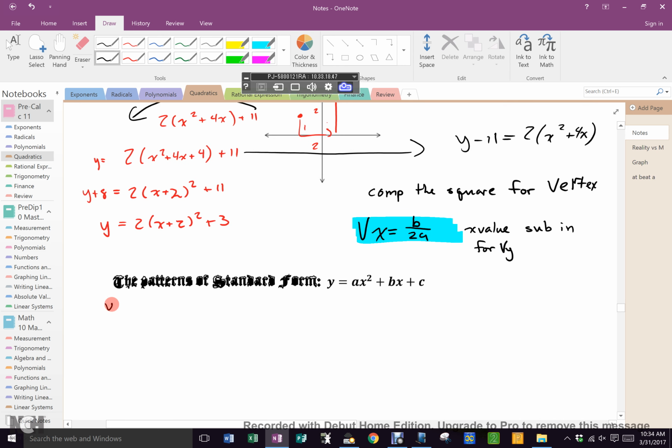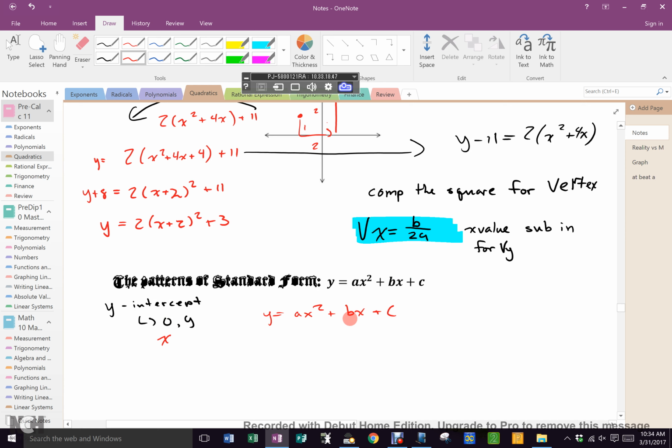First thing, what's the y-intercept? The y-intercept is at 0, y, correct? What is that value? Is that an x or a y? That's an x, yes? So if I come up here, where does that 0 go? ax squared plus bx plus c. Where can that 0 go?